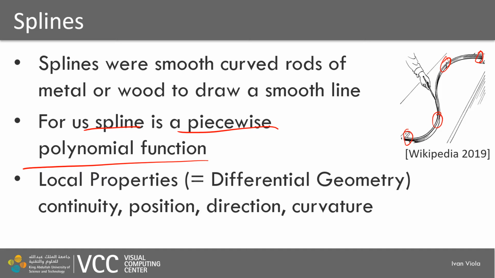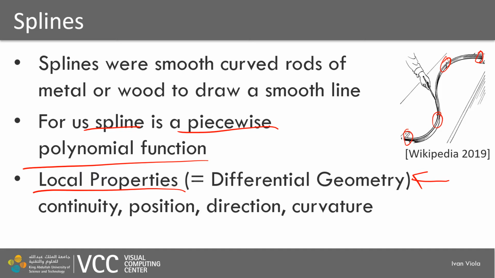With these polynomial functions, we can describe their properties in various ways. So there will be some global properties related to these functions and also some local properties. Keep in mind that these are often the content of a differential geometry course, and we have such a one at KAUST as well, which you might be interested to check out.